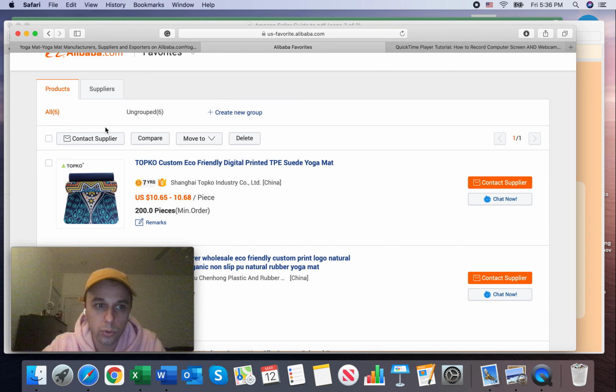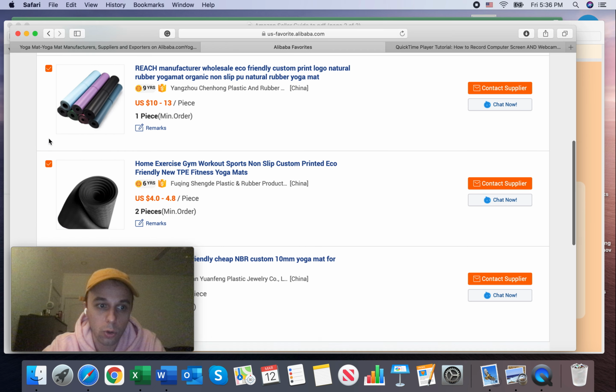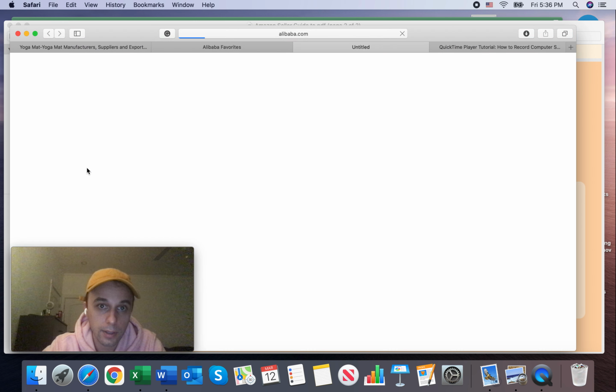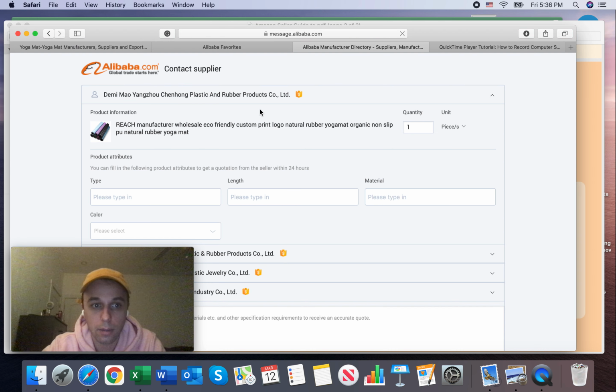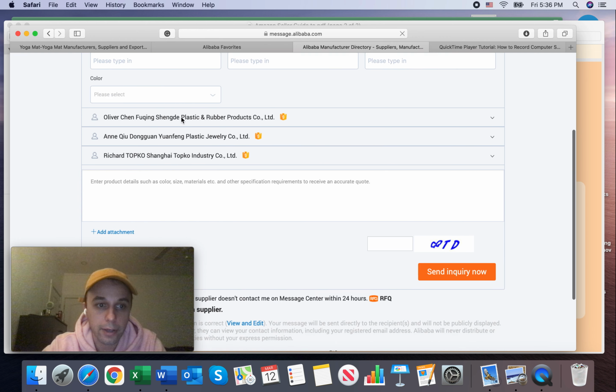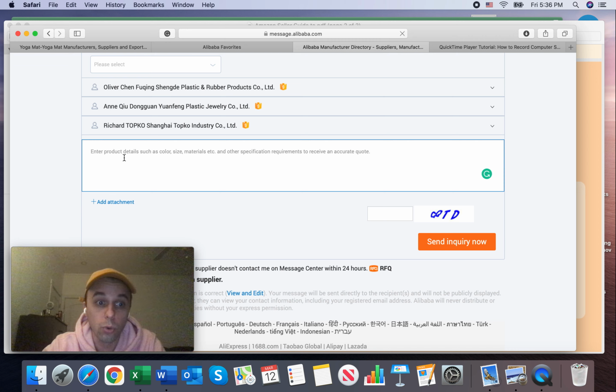Or you can click on this checkbox on the top next to the contact supplier, and it's gonna highlight all the suppliers. Then you click on the bulk contact supplier, and it's gonna take us to another Alibaba page where we will be able to send the bulk message to all of them.